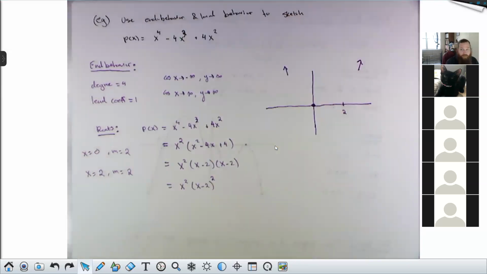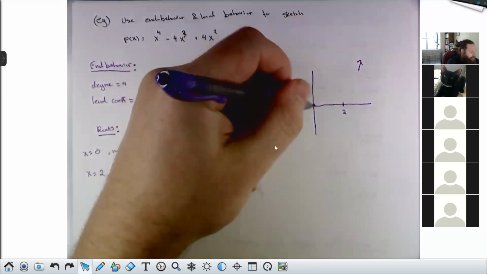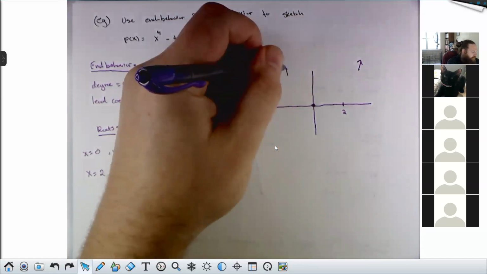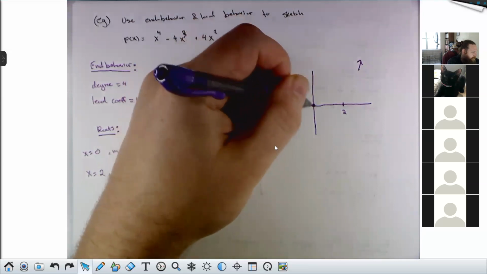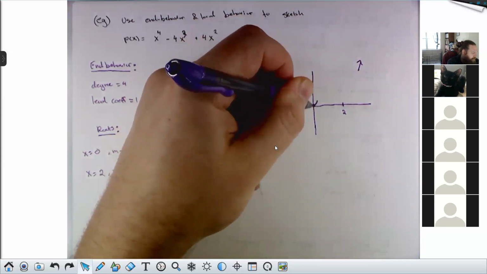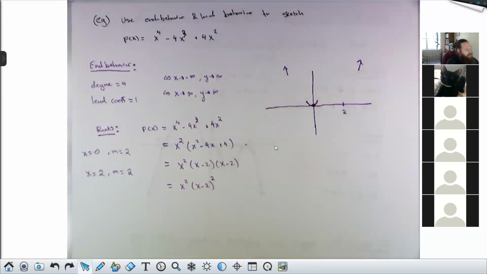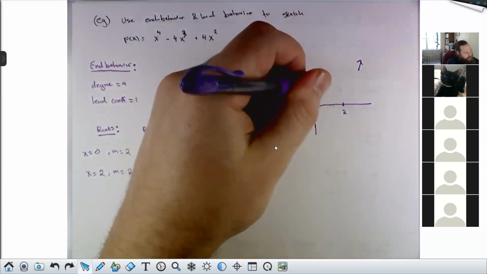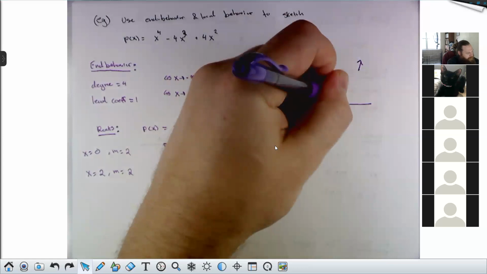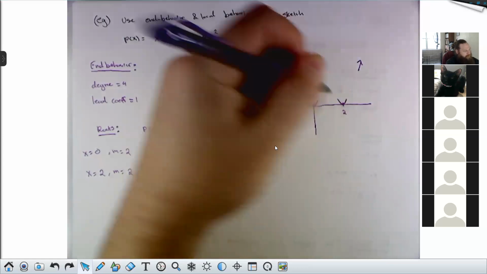And they're both multiplicity 2 roots. So they both have to do that parabolic bouncy thingy. Since I'm coming in here from above, I know this has to be an up to up bounce. So I'm leaving here going up. That means this also has to be an up to up bounce.